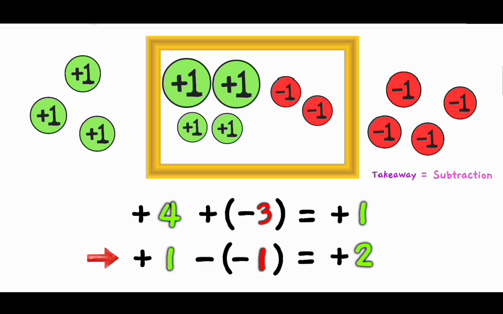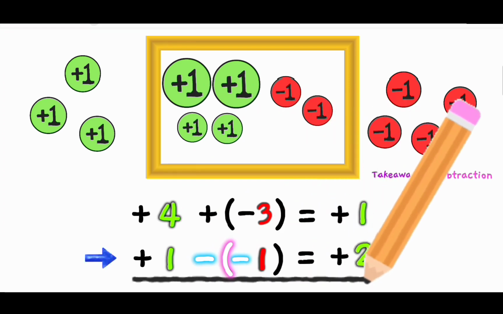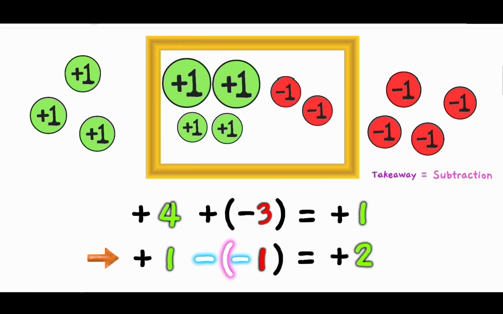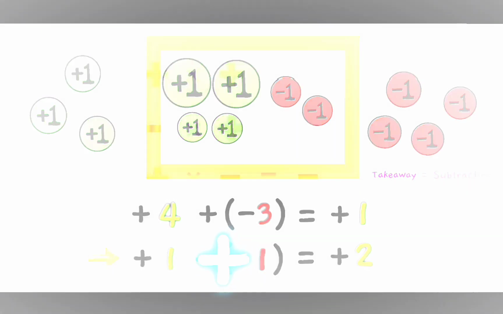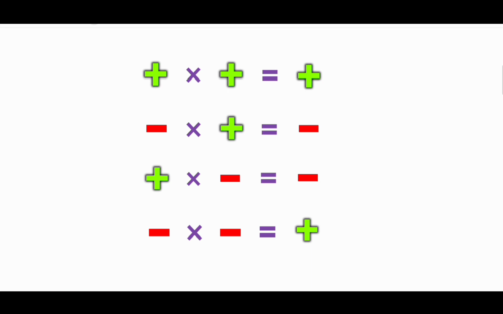From here, we can get the answer to the question that I asked: what if two negatives are multiplied? Here this equation must be true only if negative multiplied by negative is positive. Now we know what sign the result should be when we multiply two numbers of any sign.